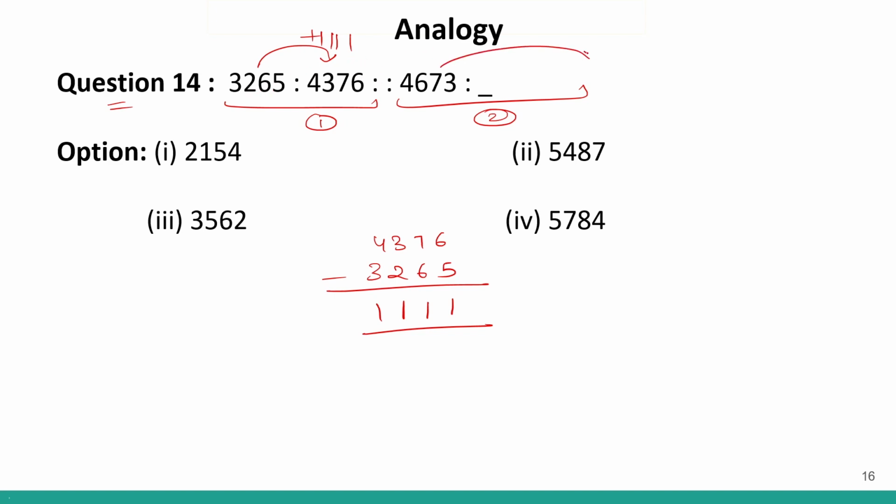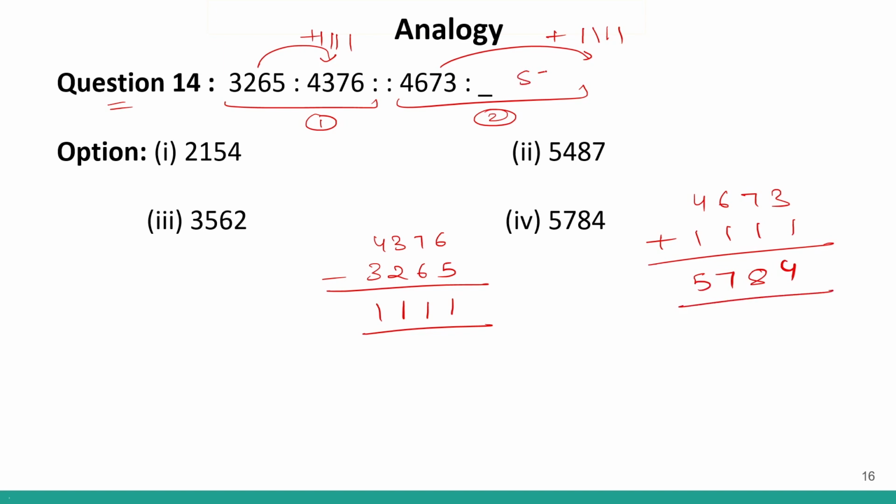So here also I will add 1111. If I add 1111 to 4673, how much will I get? I will get 5784, which is given in option number 4. So this will be the correct answer, option number 4.